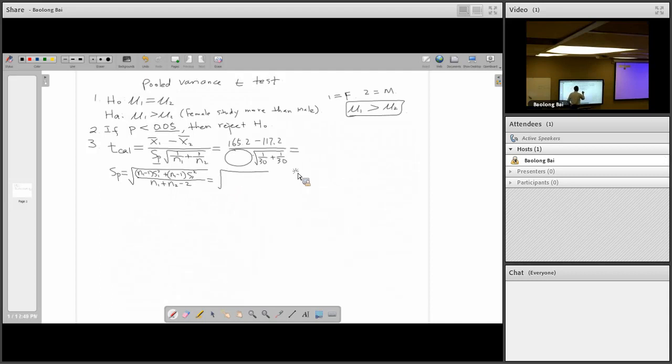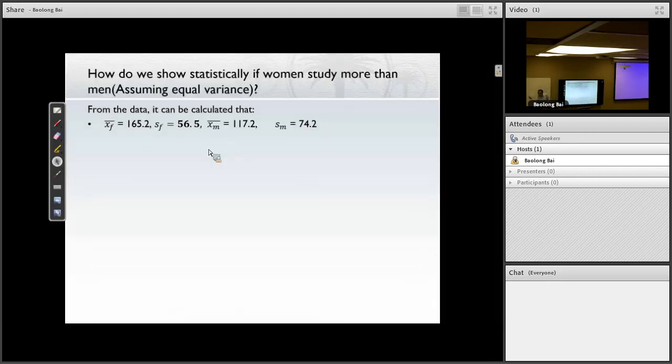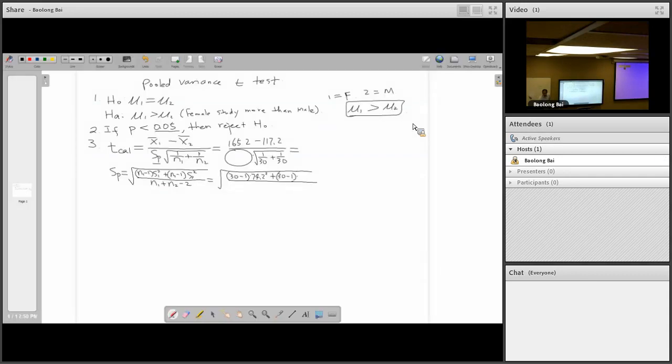So now we plug in numbers. n1, 30, minus 1, S1, and take the square; n2, 30, minus 1, S2. Oh, I'm sorry. S1 is 56.5 and S2 is 74.2. I got it reversed. Okay.